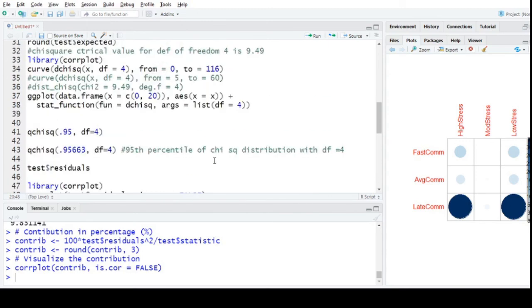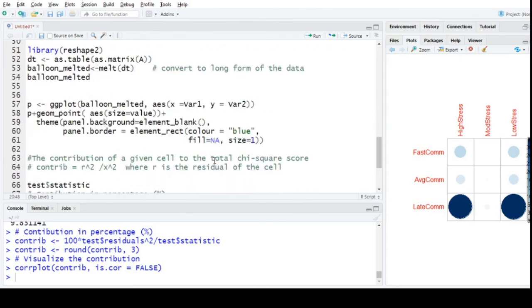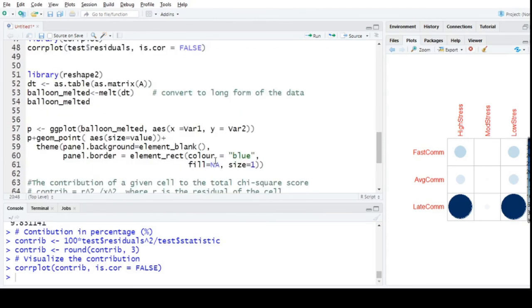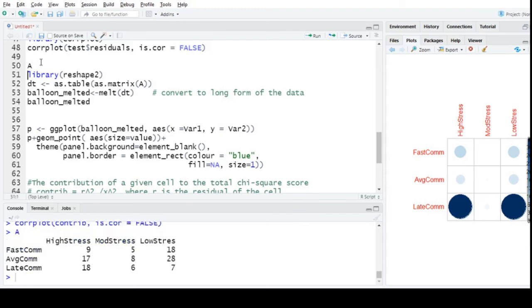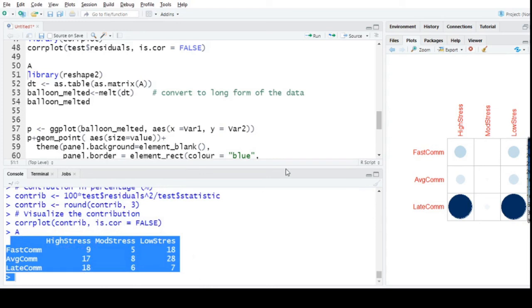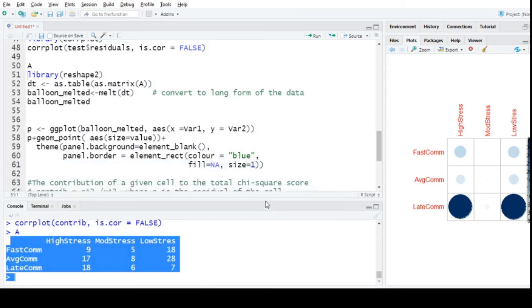The other interesting thing I wanted to show you is why I use the reshape library. The original distribution that we were given for A, this is the distribution we had, right? Now if we had to plot the distribution itself in a graph, this is the method.